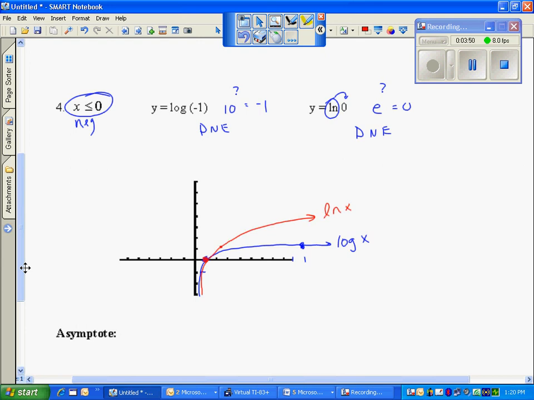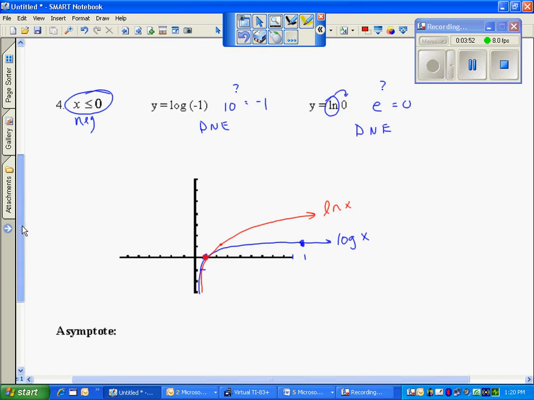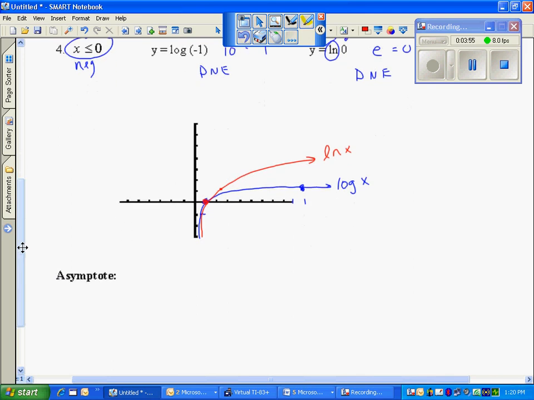Now notice both of these graphs never get beyond the y-axis. They never get in this piece where x is less than or equal to 0. So they follow that line. We call that line an asymptote.